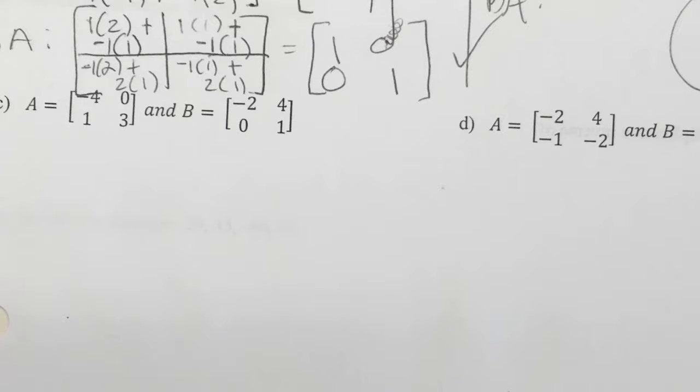Then they are inverses. But if it's something else, like in this one we got a negative 3 first, so it's not the identity matrix, it'll be no. Does that make sense?